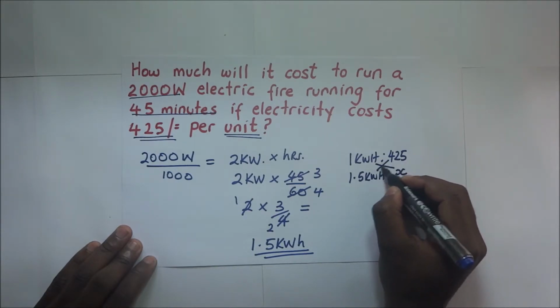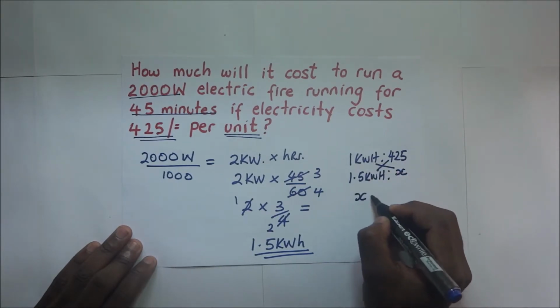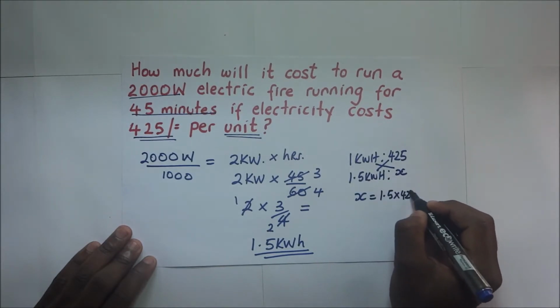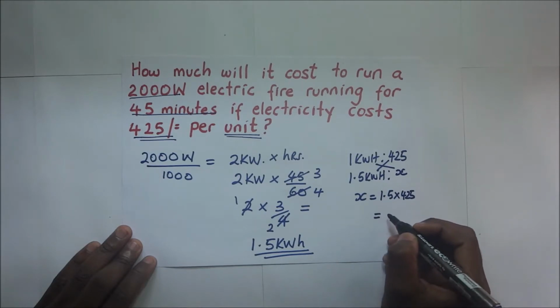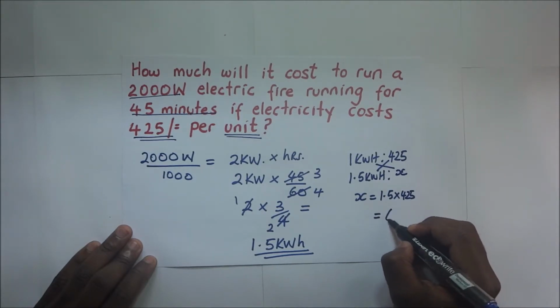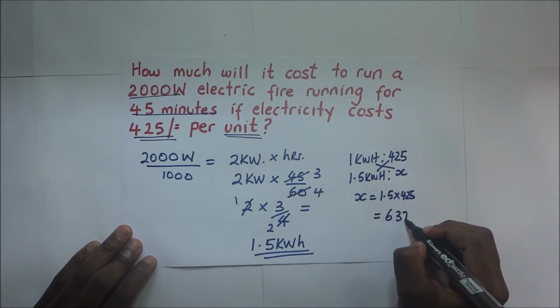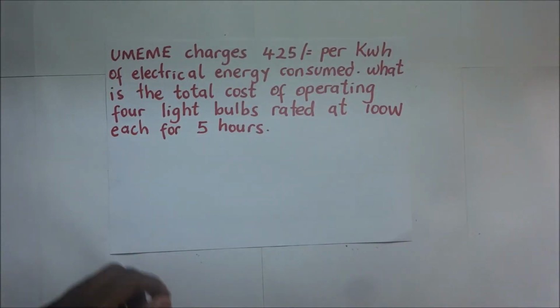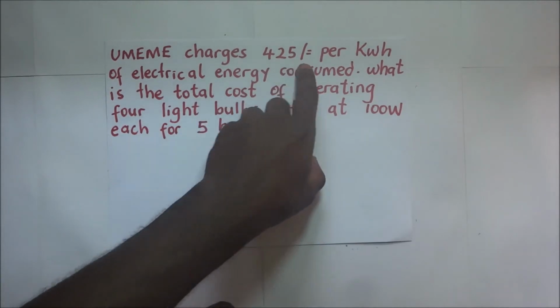Put the unknown x. When you cross multiply, x is going to be 1.5 times 425, and therefore that will give us 637.5 shillings.